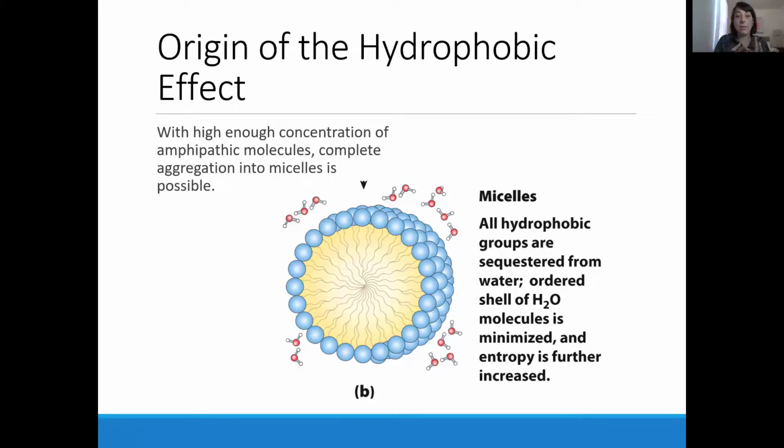This state, when you happen to have something that has a polar end and a nonpolar end, is the most favorable situation and causes micelles. This is when, again, all of the hydrophobic groups are sequestered inside, and the whole outside is just the outside-facing polar groups, which interact nicely with water.